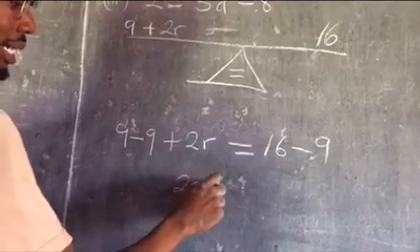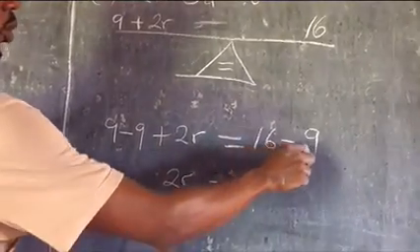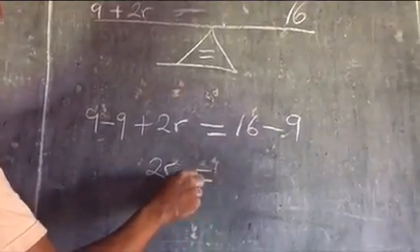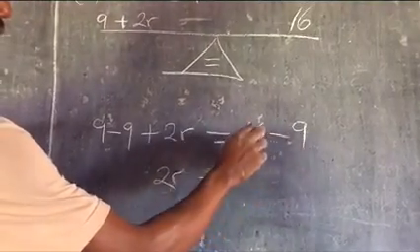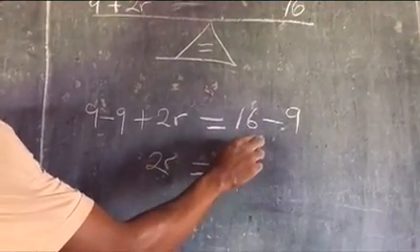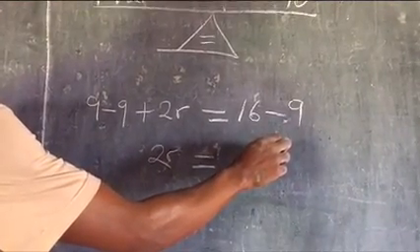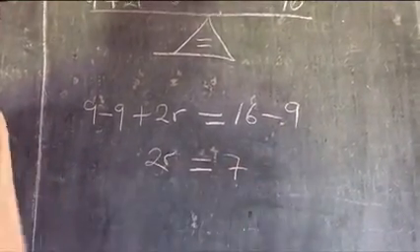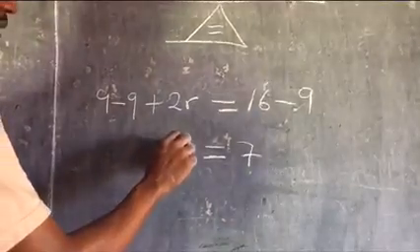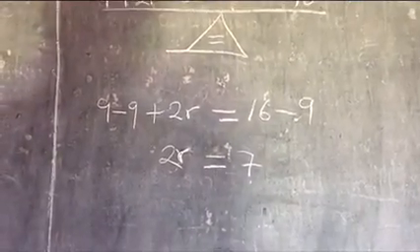We get 2r is equal to, wetin we go get? We go get 8, ba? Na 8. Abi na 9. Okay, 7. So we go come get 7. Ba?